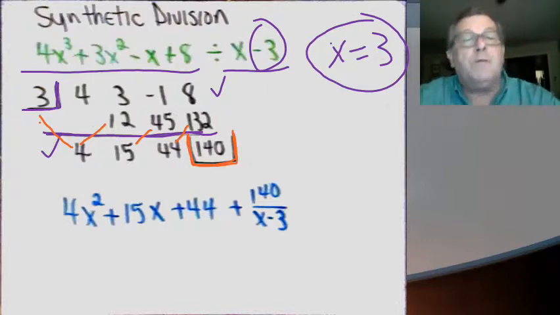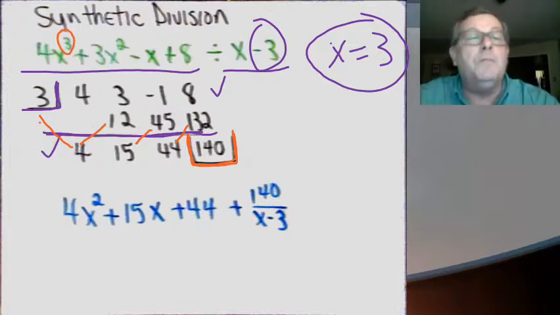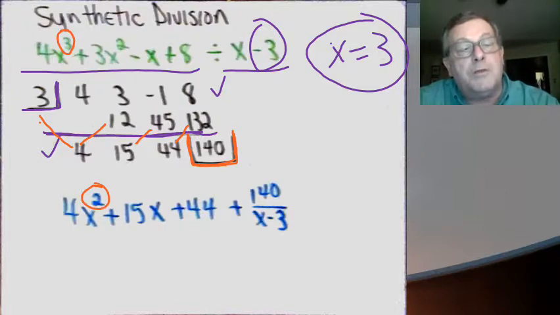Now, to write what our quotient is, we're always going to take one less than the degree of the lead term of our original polynomial. Synthetic division is only going to work when x is to the first degree. If x has a higher degree, we're going to have to use long division. So that means that our first term in our quotient is going to be x squared.